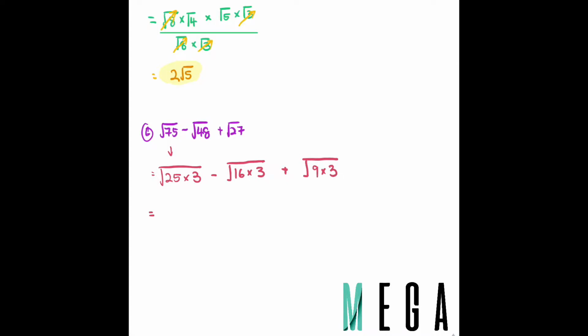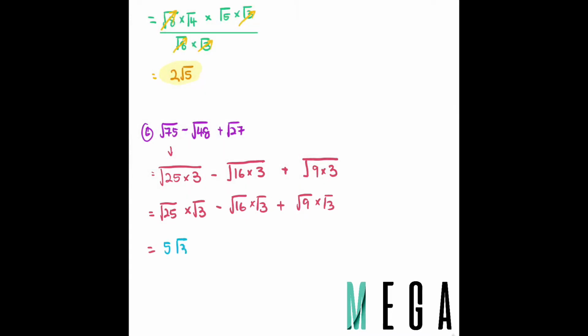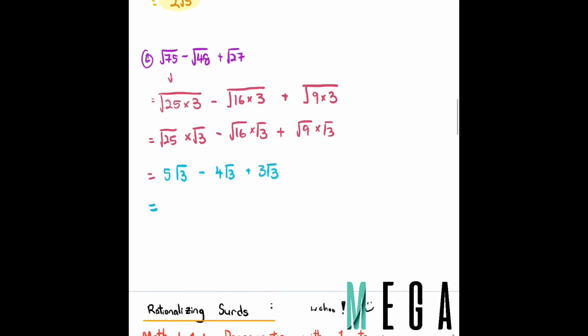After that, I just need to split the surd form. So surd 25 multiplied by surd 3 minus surd 16 multiplied by surd 3 plus surd 9 multiplied by surd 3. Surd 25 gives 5 surd 3, minus surd 16 is 4 surd 3, plus 3 surd 3. So my answer will be 4 surd 3.